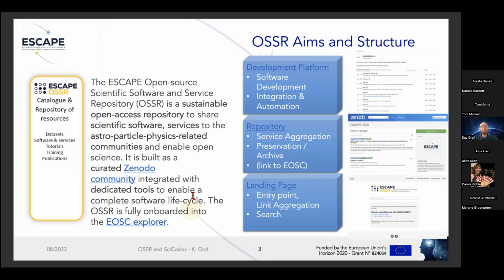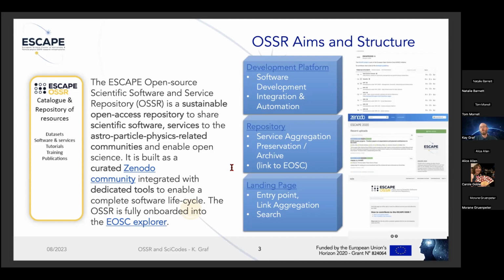It's built on a curated Zenodo community, Zenodo also stemming, of course, from this community, and we build on dedicated tools that enable us to service a complete software lifecycle and maintenance lifecycle. Of course, as this was built as part of the EOSC project, it is fully onboarded and linked to EOSC via the EOSC Explorer.